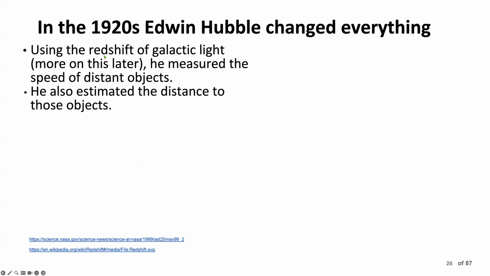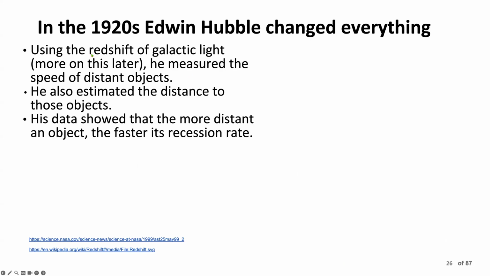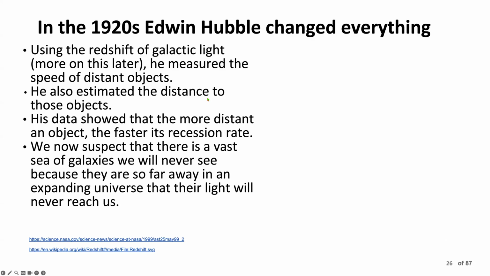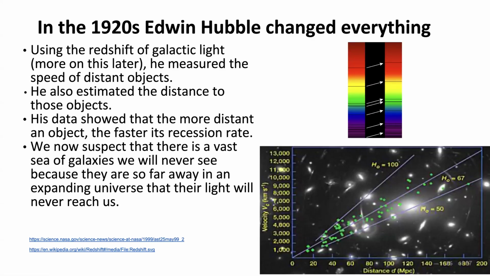He was measuring the colors of galaxies, and we'll get into something he used called redshift to determine that all the galaxies he saw through his much bigger telescope than Lemaitre's were receding from him.